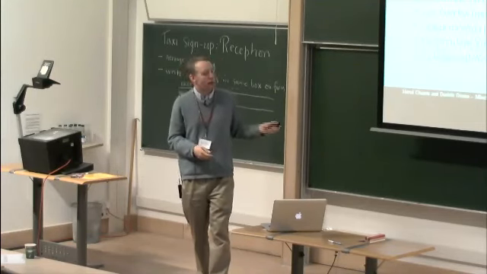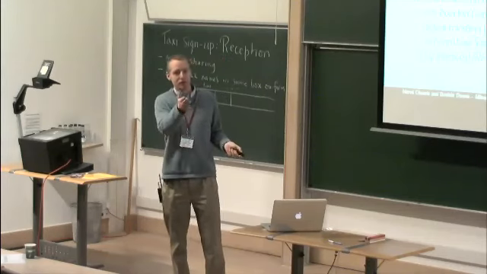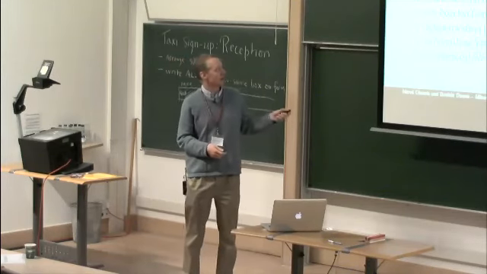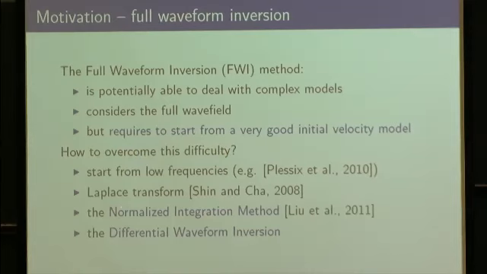You may go for other transforms. This will be introduced later this afternoon by Henri Calandra, like the Laplace transform. And here I propose two alternatives. Okay, one is a normalized integration method. It's very simple. And the other one is a differential waveform inversion. And I would like to introduce what they are and also the limitations.